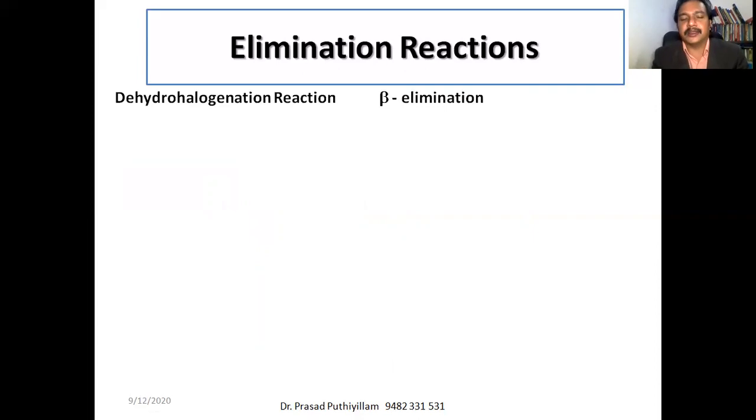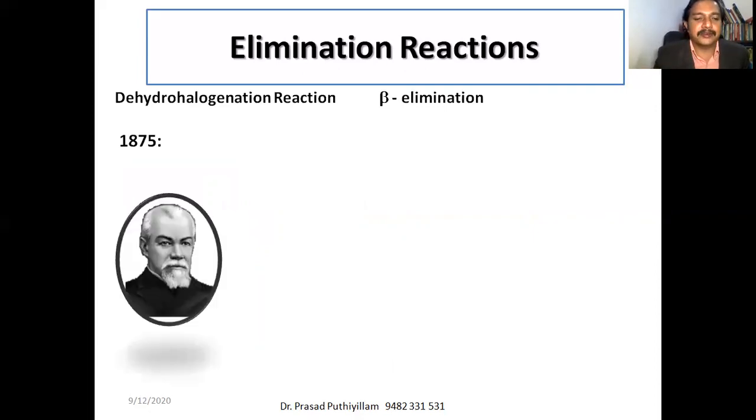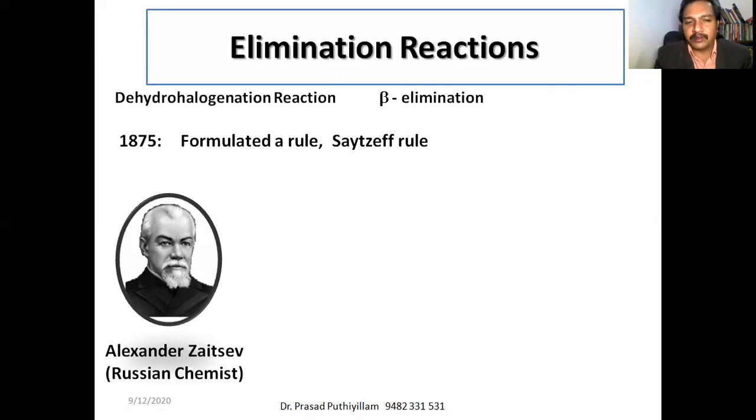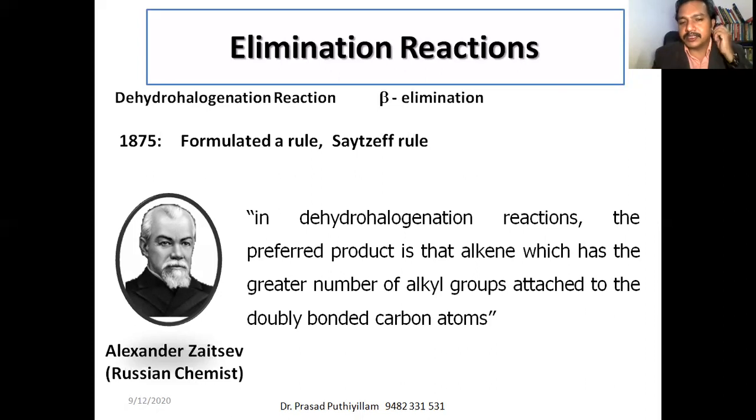It was explained in 1875 itself by a great scientist, Professor Alexander Zaitsev, a Russian chemist. He formulated a rule known as Zaitsev's rule, also spelled Saytzeff's rule.